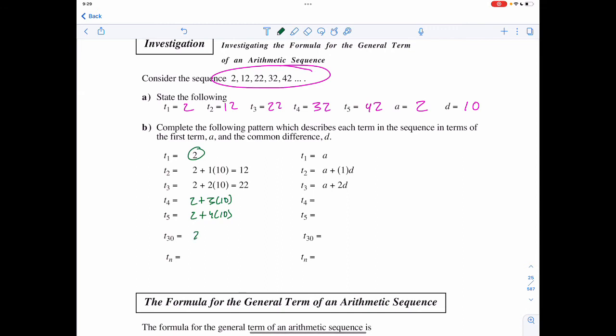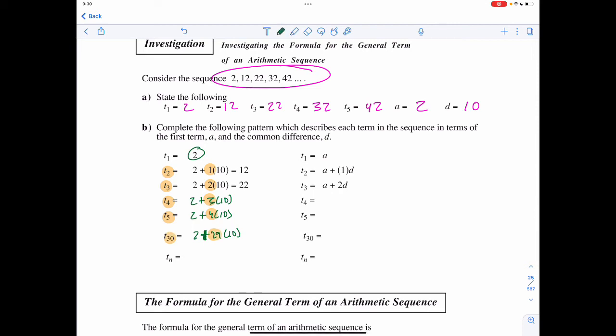Then I go 2 plus 29 times 10. And you can see that you're always adding 10 one less time than whatever the term number is. I don't add it for the first one where I start, but every subsequent one I add it that many times.